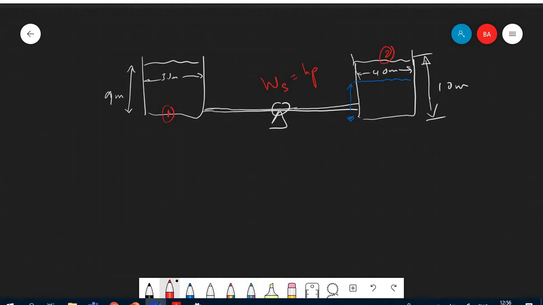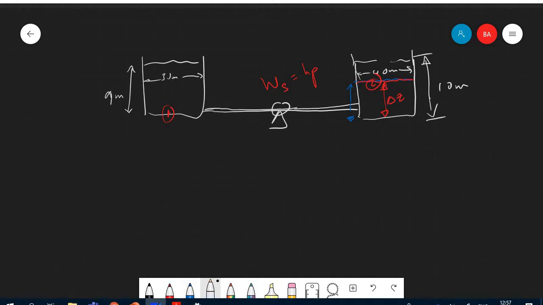So this is delta Z, from my mechanical energy balance, from point 1 till point 2. And I should put my point 2 here, because it will not reach that level. Why? Because it's wider, right? So it will only reach this level here. That is the delta Z.